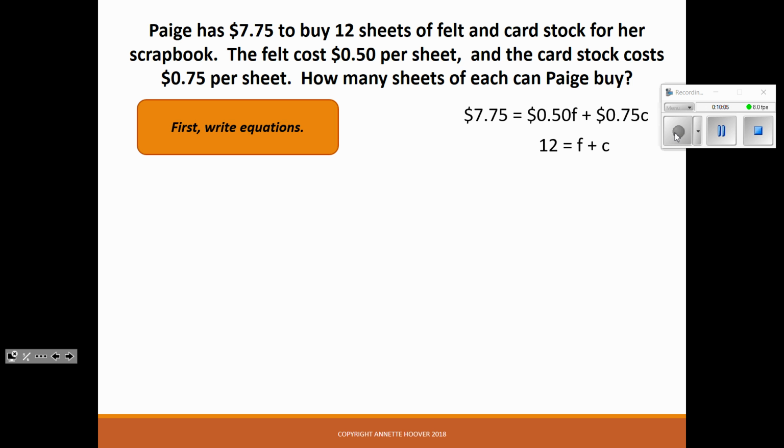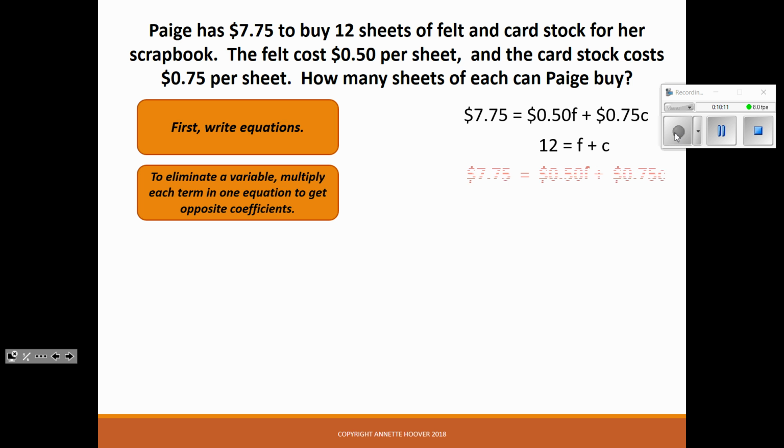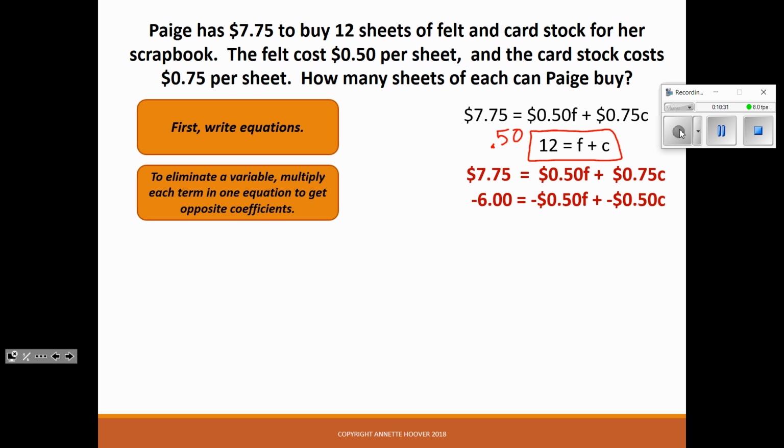Now, if we are going to solve this by elimination, we have to create opposite coefficients. So what I did was I took my second equation right here and I multiplied it times negative 50 cents, or 5/10, or 50 hundredths, by each one.